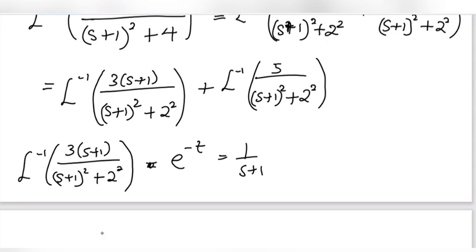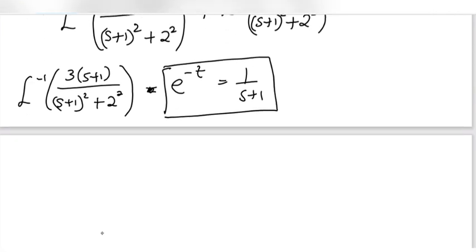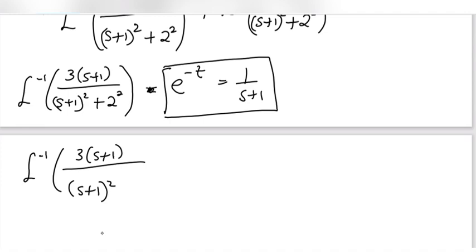So note that already. Just remember this, and then our transform here can simply be put, I'm just writing the whole thing, s plus 1 squared plus 2 squared.